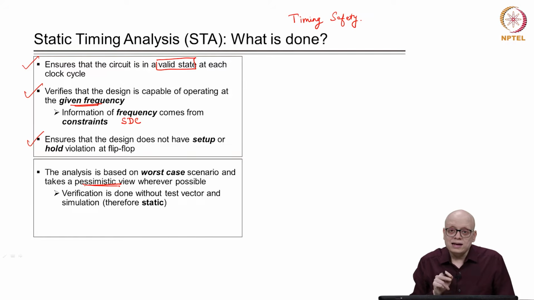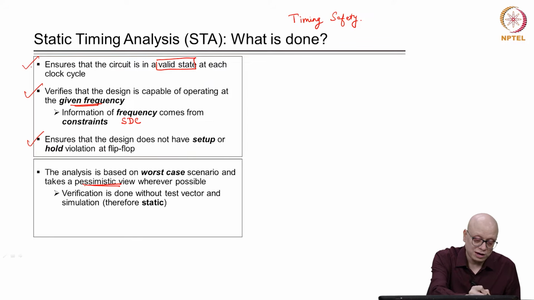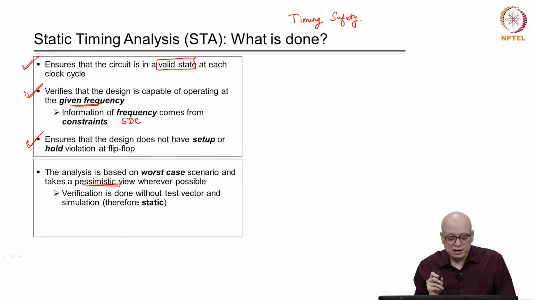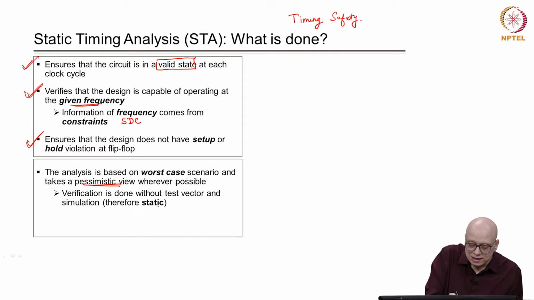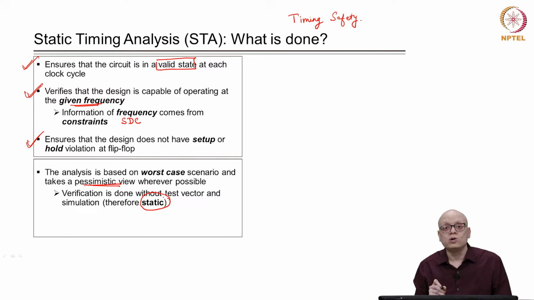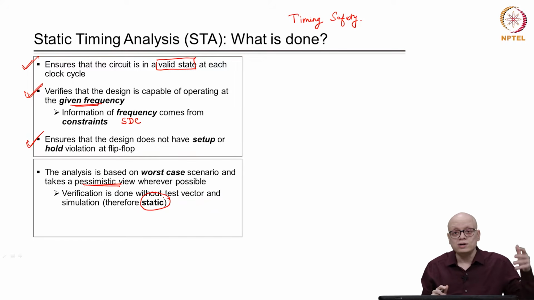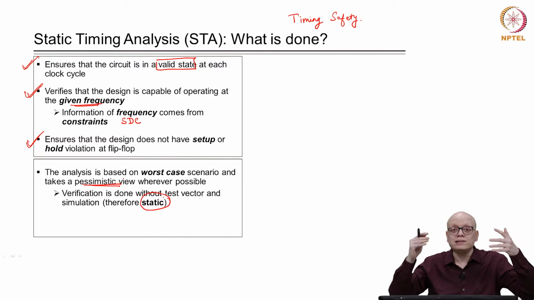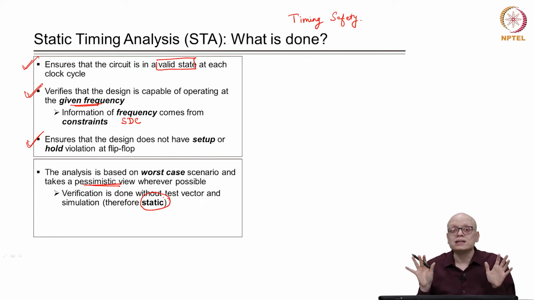While performing these three tasks, static timing analysis does not apply any test vectors, and in that sense, it is a static kind of analysis. It is not a dynamic timing analysis. It is not that it applies test vectors, sees the response, and then checks whether it is timing safe or not.